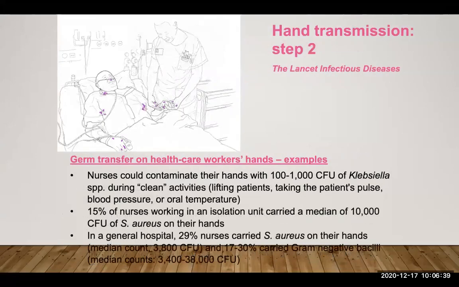Step two, you can see here, is the healthcare workers' hands. Nurses can contaminate their hands with 100 to 1000 CFU of Klebsiella during clean activities like lifting patients or checking pulse, BP or temperature. So Staph aureus or other organisms can be transmitted either way.